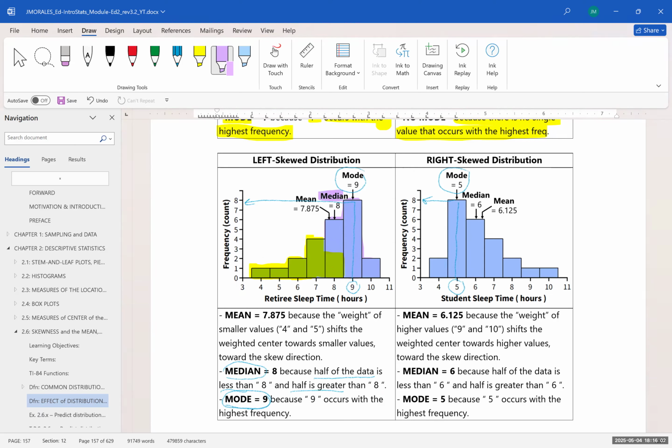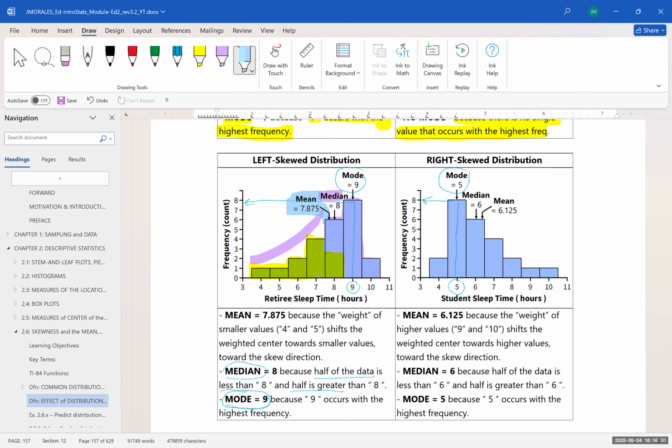But the median is no longer centered. It's been kind of pulled. The median has been kind of pulled towards the tail, towards the direction the distribution is being skewed. And so the median is impacted by the direction of the skew. Now let's look at the mean.